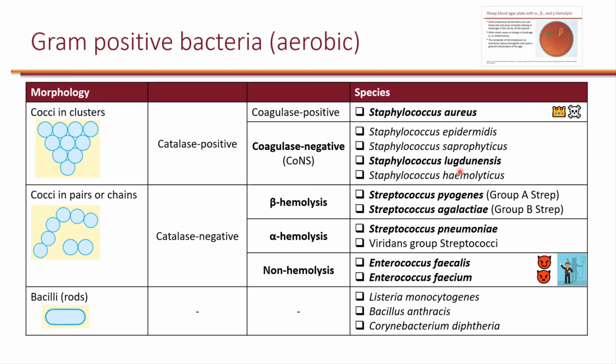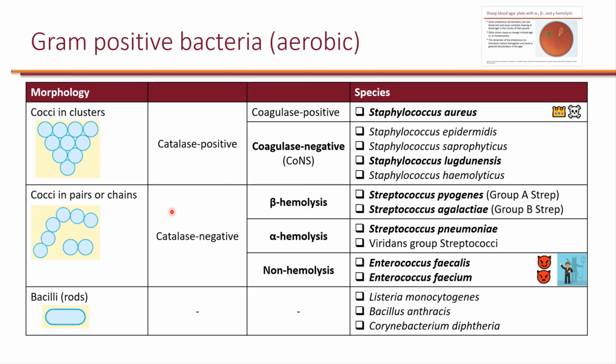Staphylococcus lugdunensis is one that can cause severe infection, so that's why I have bolded it. These are typically present on the skin, the same as Staphylococcus aureus. All staphylococci are typically present on skin, and occasionally they find their way into the body and cause infection.